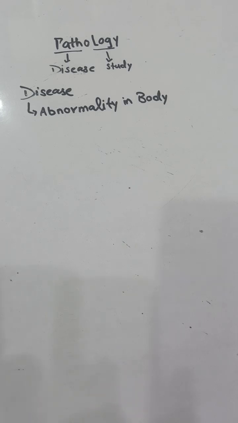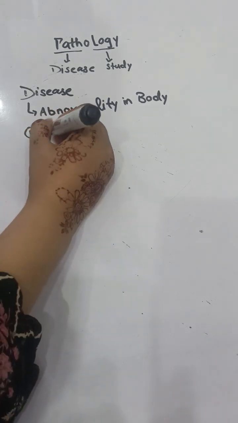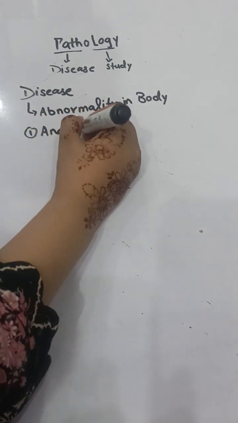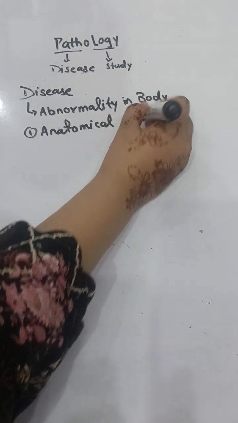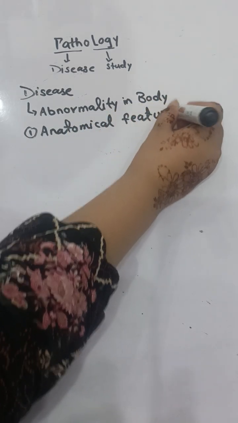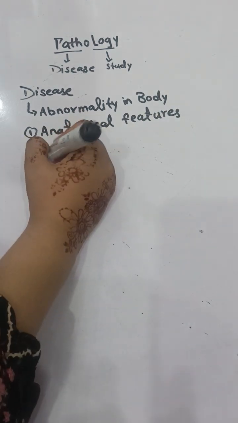So what happens in the abnormality? Actually, three kinds of changes occur in your body. Whenever a disease occurs, three types of changes occur. First, change occurs in the anatomical features, and I will explain to you how they change. Second thing that changes is your physiological function.